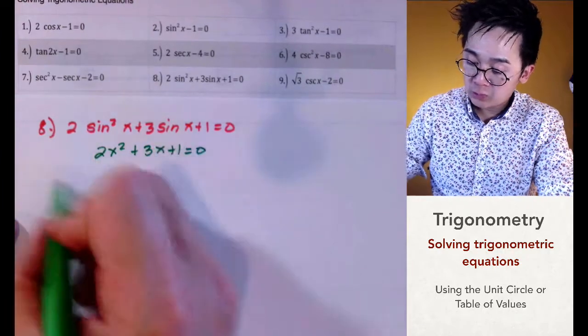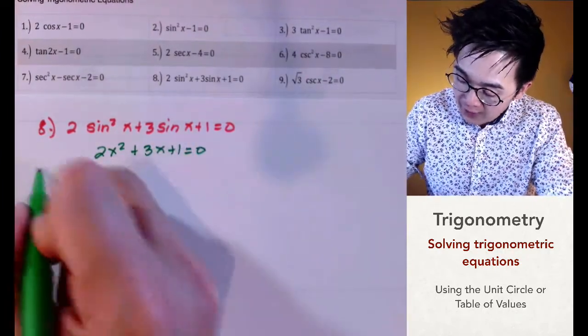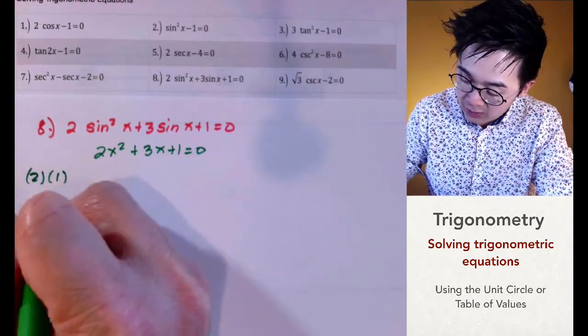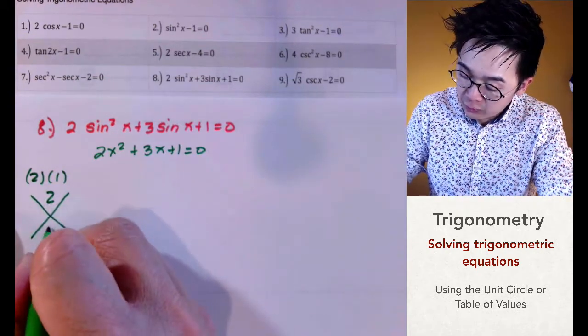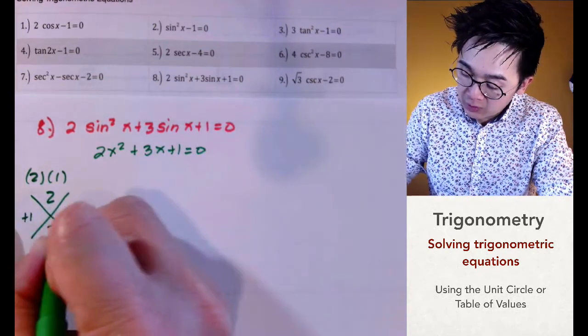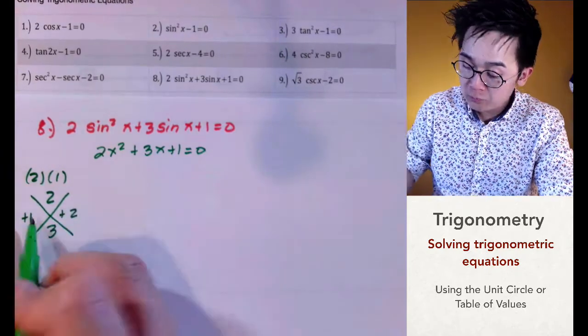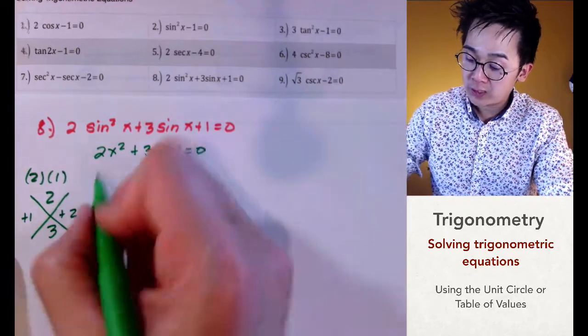And now we will factor this differently. So we have 2 times 1. Using the big X method, we'll have positive 2. And we need to find the factors of 2 that give you 3 when you add them up, which will give us positive 1 and positive 2. 1 times 2 is positive 2, and 1 plus 2 is equal to 3.